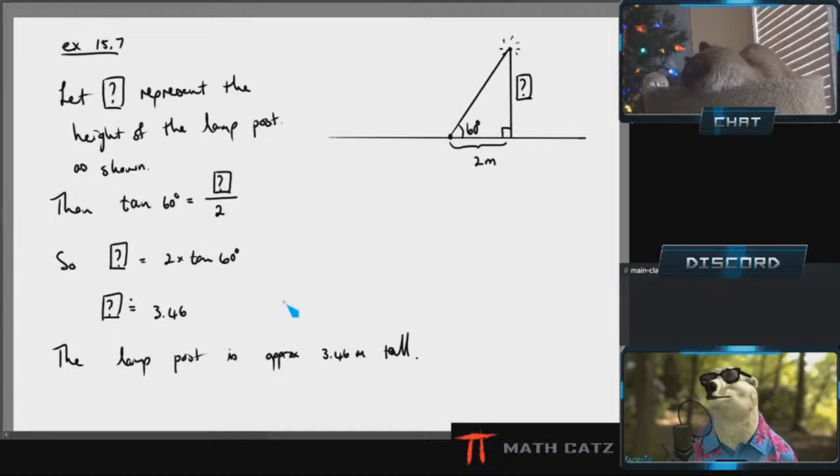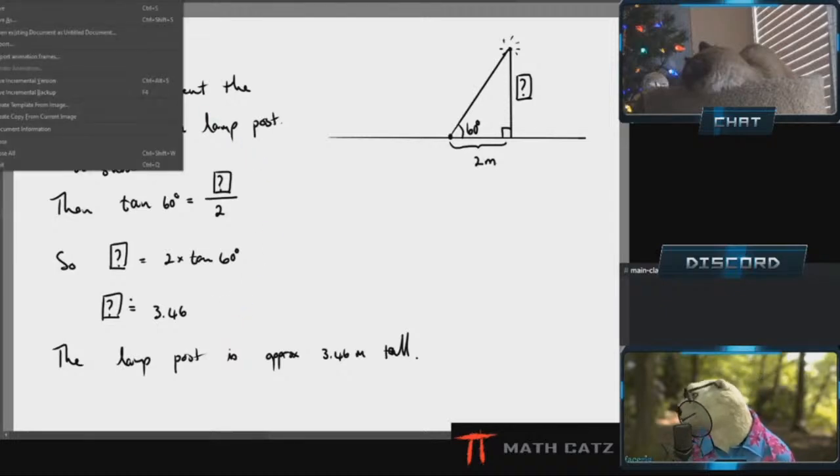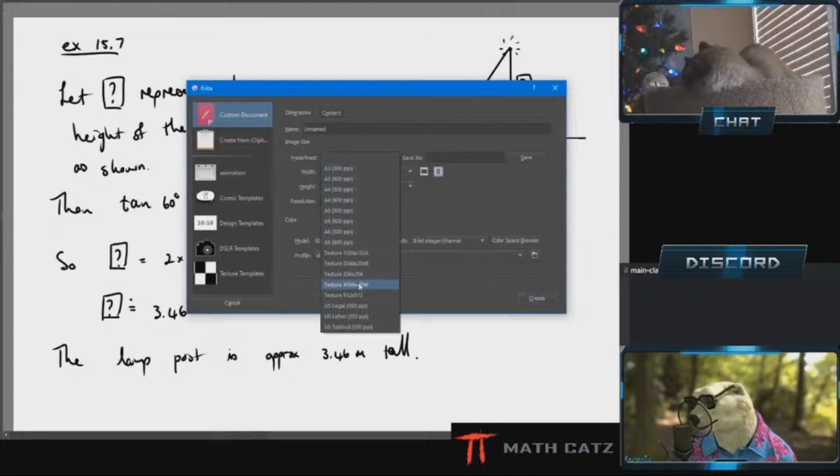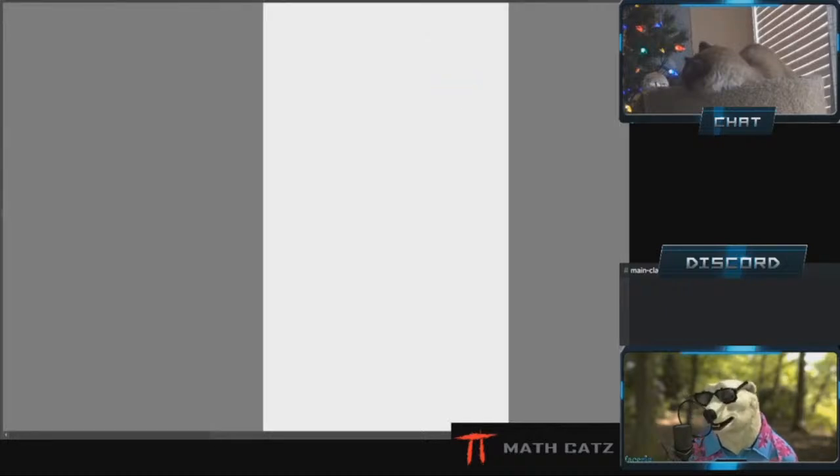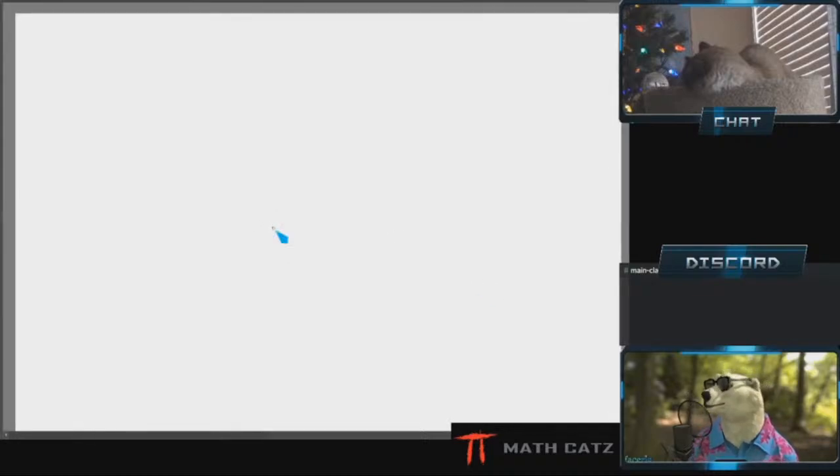The answer is a natural result of my process. It comes out automatically. The equation, the process will lead me there, and I never have to worry about it. Okay. Let us do one more, which I think is related to the previous one, but we'll have to read it.